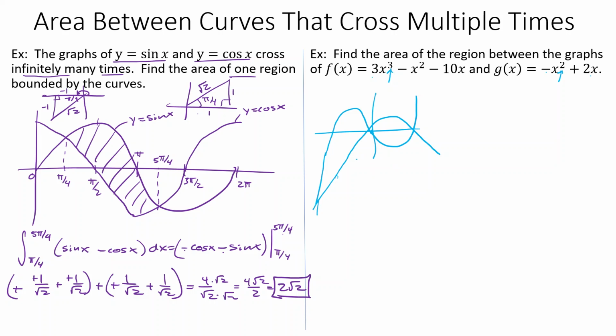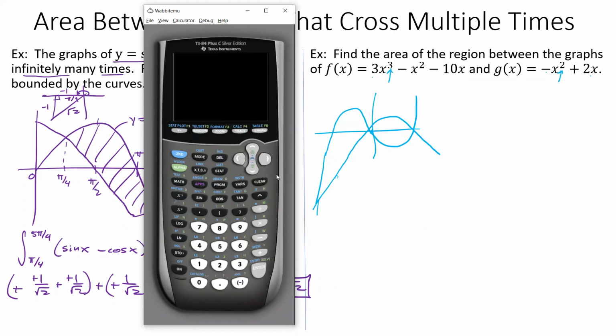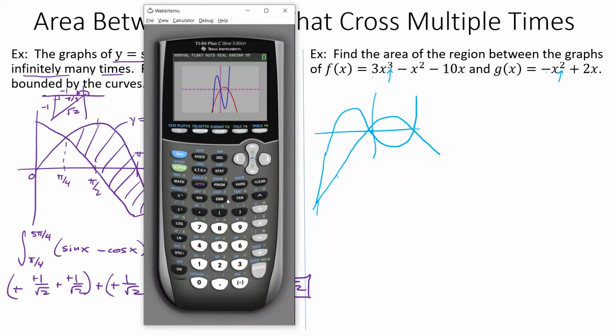So if I graph them on my calculator, here's my calculator, there's the graphs. So the red one is the g, the blue one is the f. So I know they cross at 0 and 2. Let's see if we can find that other one. Looks like it's at negative 2, but let's check out for sure. So we're going to go to intersect.